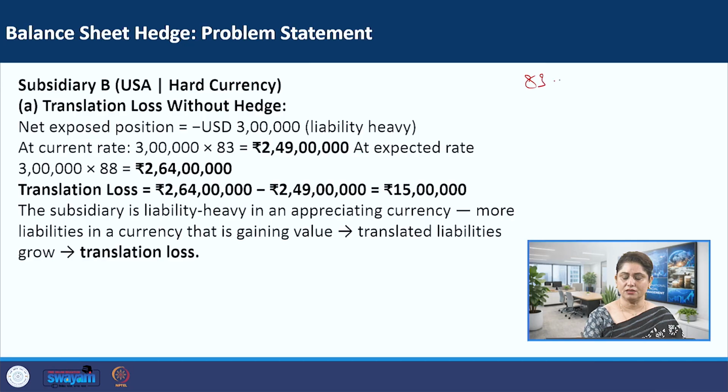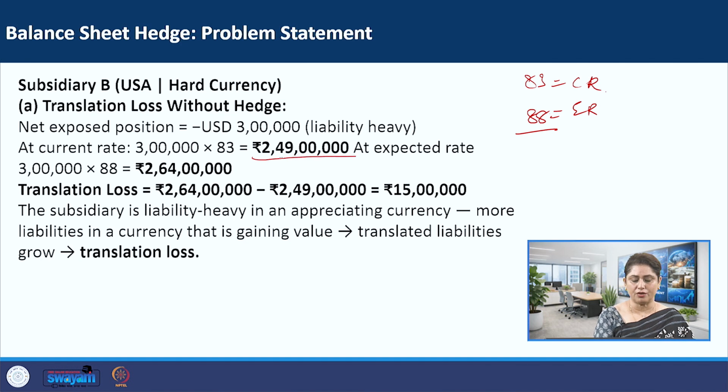Now, suppose the current rate was 83 and the expected rate is 88. If we convert it, then at the current rate we have 2 crore 49 lakh rupees, and at the expected rate we have 2 crore 64 lakh. That means our liabilities are increasing, and there is a loss of 15 lakh.